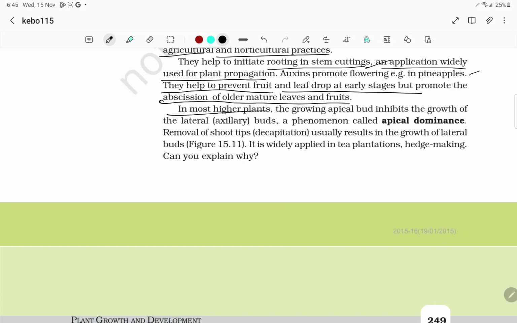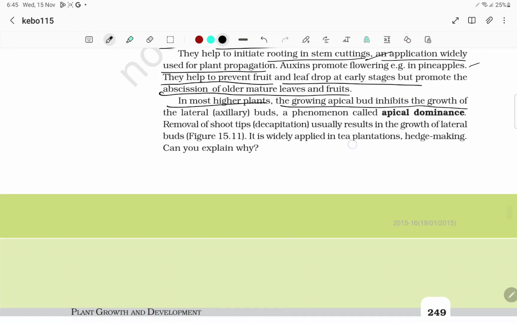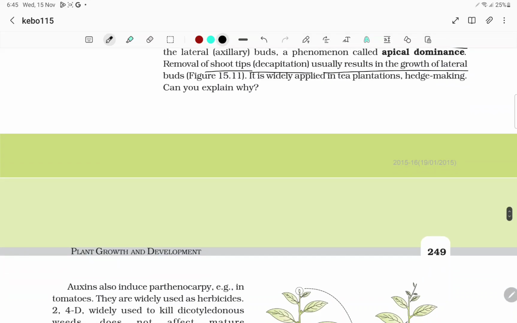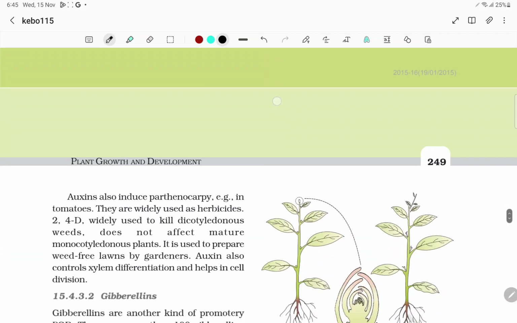In most higher plants, the growing apical bud inhibits the growth of lateral buds. This phenomenon we call apical dominance. Removal of shoot tips, decapitation, usually results in the growth of lateral buds. It is widely applied in tea plantations and hedge making.